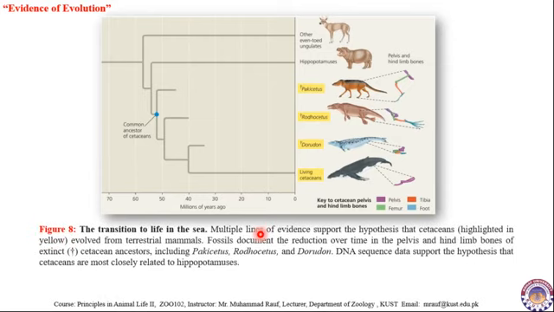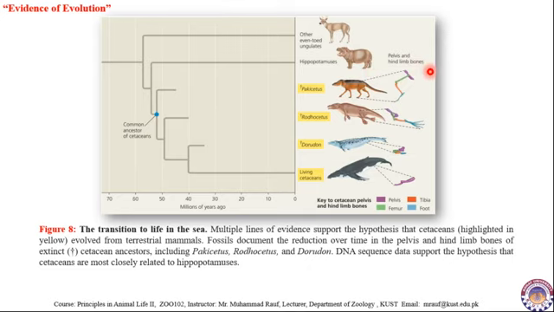So here you can see the transition where different stages are shown, how a cetacean evolved from a terrestrial mammalian ancestor. What happened?